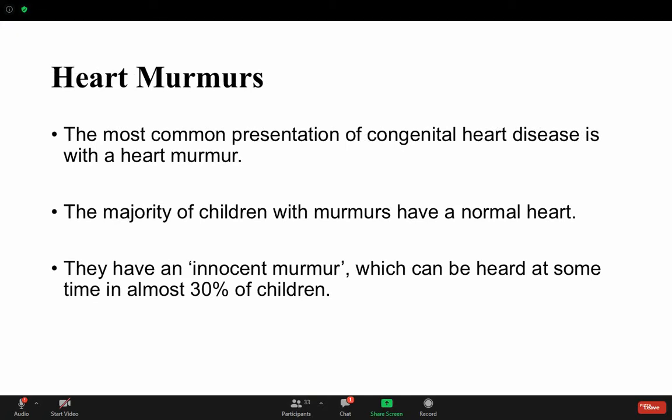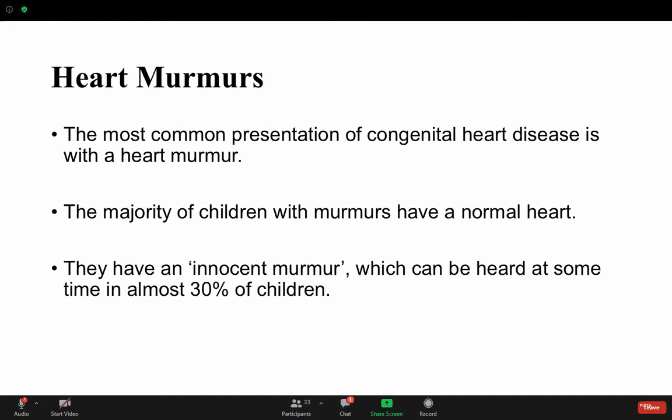The most common presentation of congenital heart disease is with a heart murmur. The majority of children with murmurs have a normal heart. This is what we call an innocent murmur, which can be heard at some time in almost 30% of children. So this is not concerning.